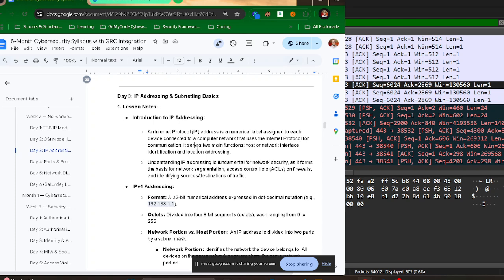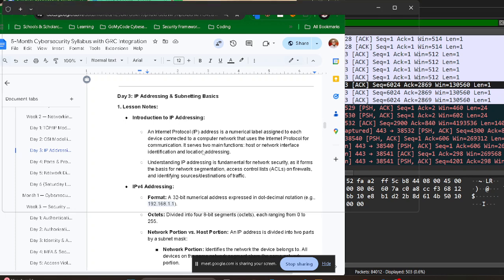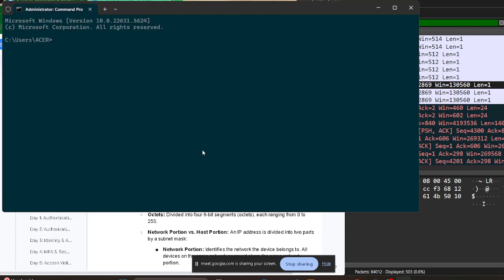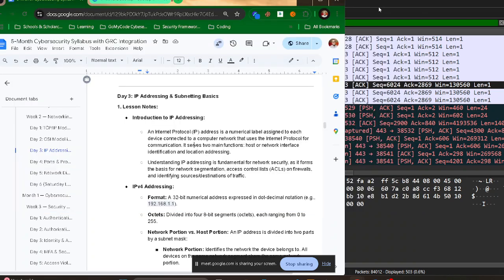Yeah. So I was able to show the IP address of my ISP, right? So it's through the IP address assigned to me that my communication is able to route to my ISP.